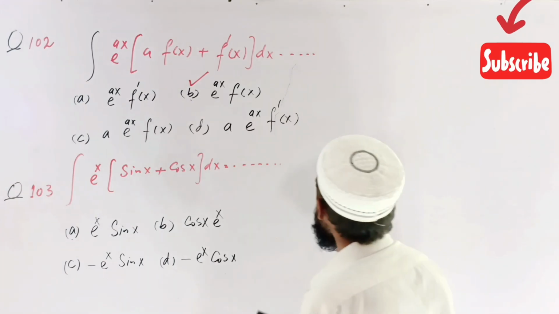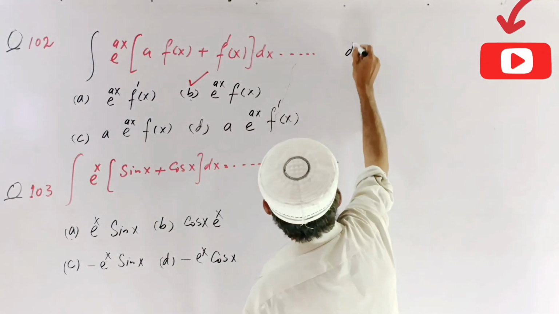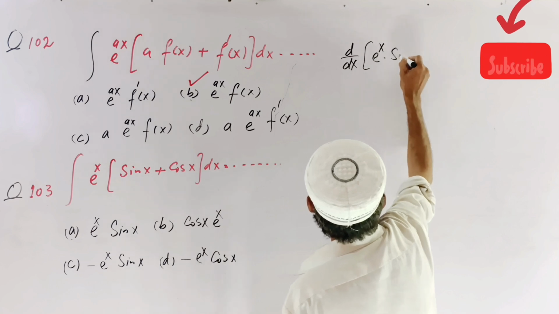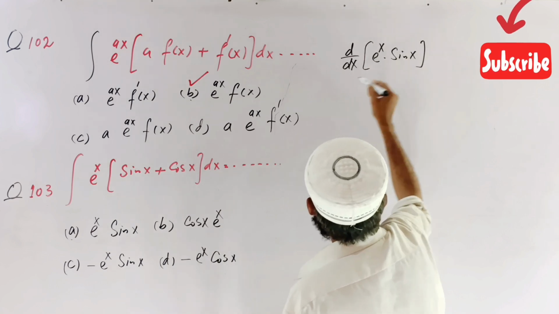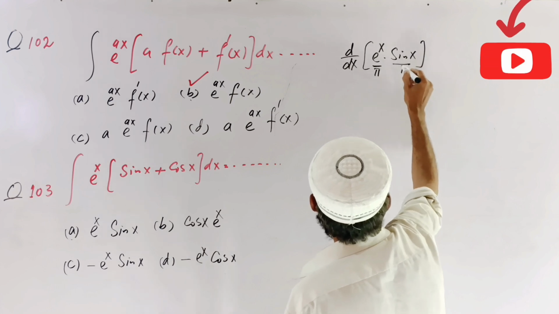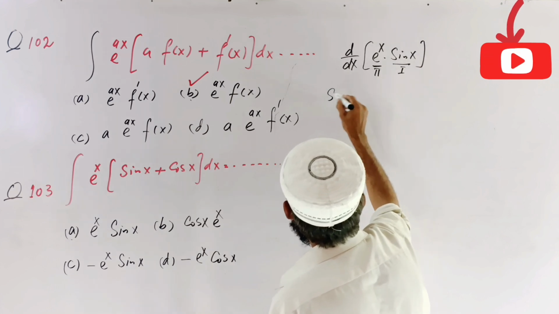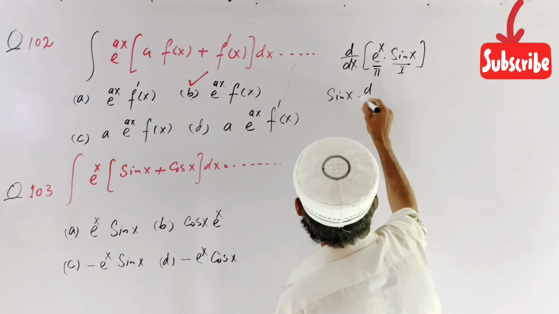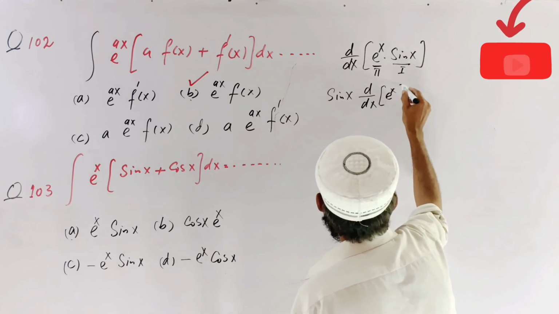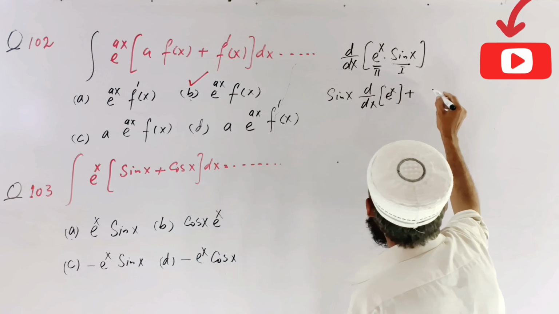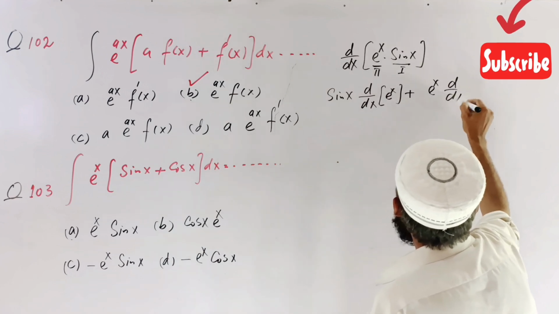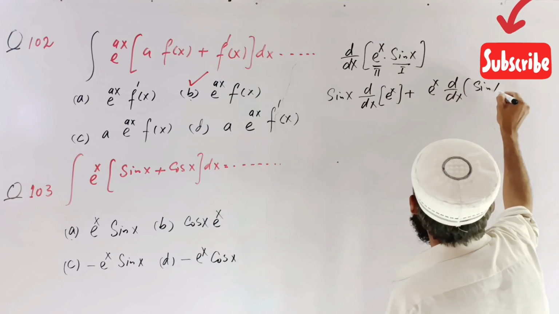So the derivative of e power x into sin x. I consider this the second function and this the first function. So sin x and the derivative of the second function e power x, plus the derivative of e power x and sin x.